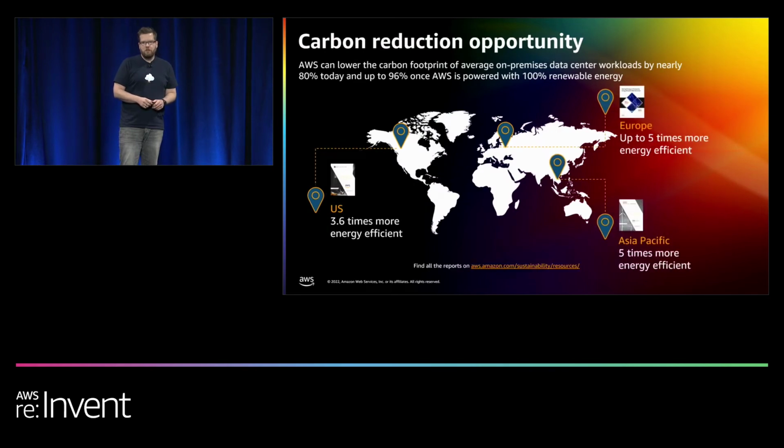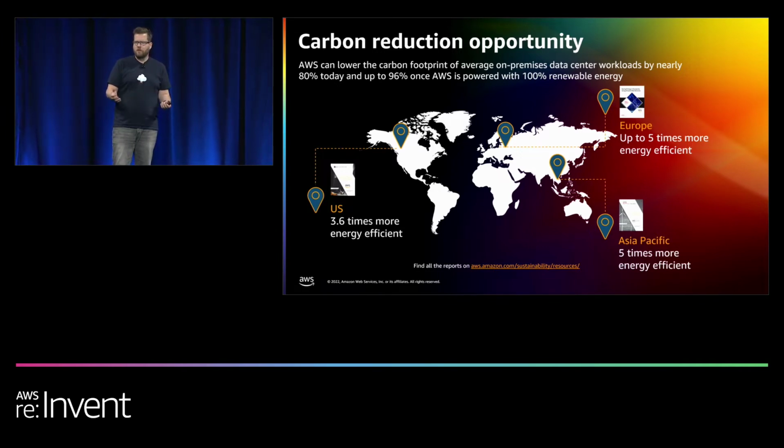These optimizations can be found in the 451 Research reports. 451 Research took enterprise data centers and compared these to the cloud to quantify the sustainability benefit if you would move to AWS in US, in Europe, and in APAC.